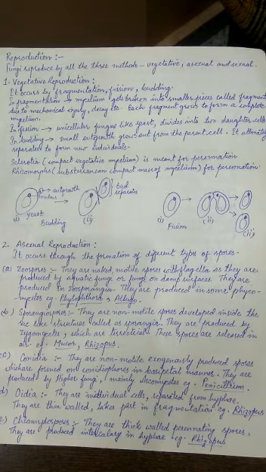If a spore is formed in the unfavorable condition, it should develop a thick wall because it has to provide protection to the structure enclosed inside and wait for the favorable time to come back for germination. A spore formed in the favorable condition should carry a thin wall because it needs minimum time. Because conditions are most favorable, it has to quickly germinate to develop into a new individual.